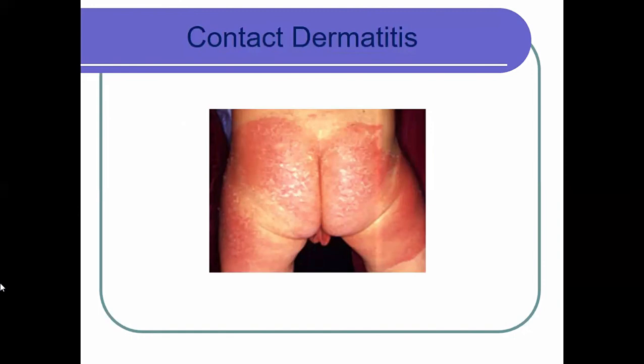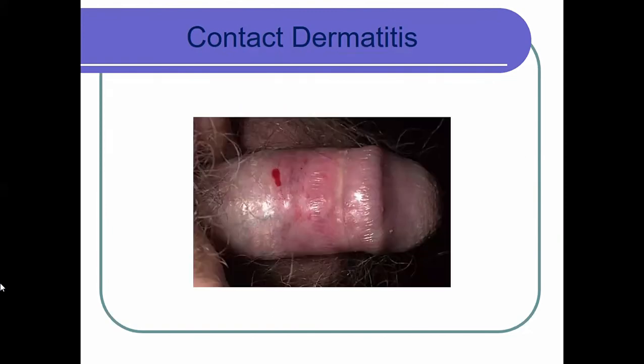So we have contact dermatitis. Are you aware of this?